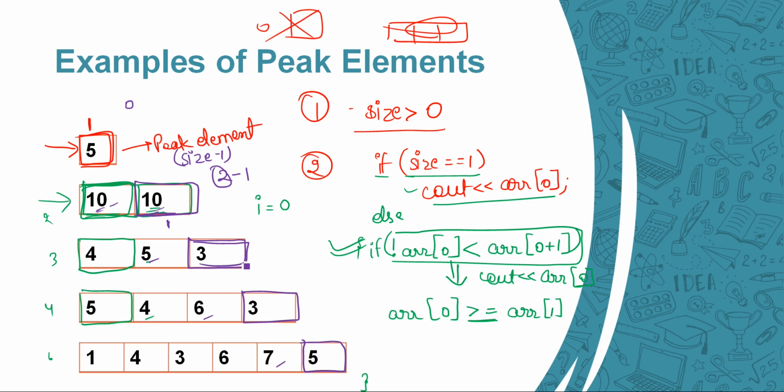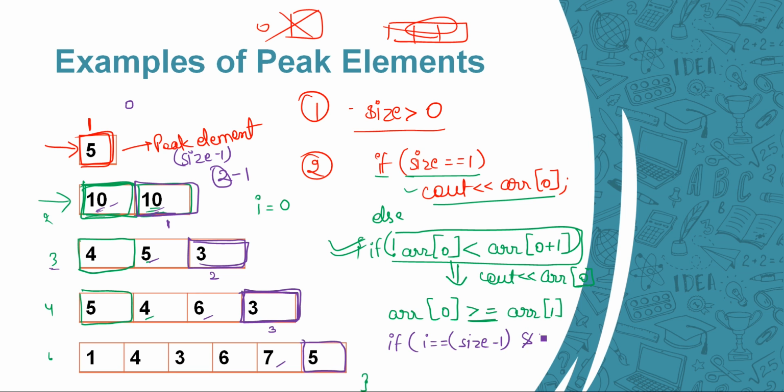In this case the size of the array is 3, so 3 minus 1, 2. In this case the size is 4, so 4 minus 1, 3. So we need to check if i is equal to size minus 1, which basically means we are going to consider the rightmost element.